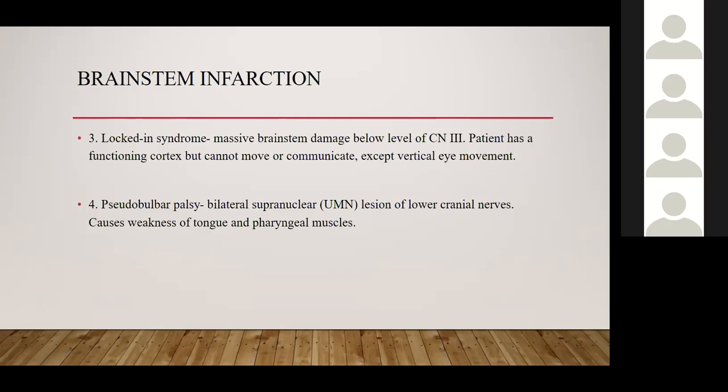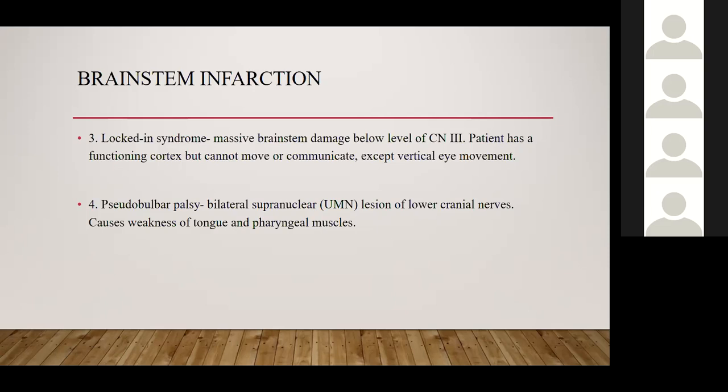So the patient is basically lying down there. You can move your eye, okay, but then you are just lying there. Your brain, the cortex, is functioning, but your hands cannot move. Your lower limbs cannot move.